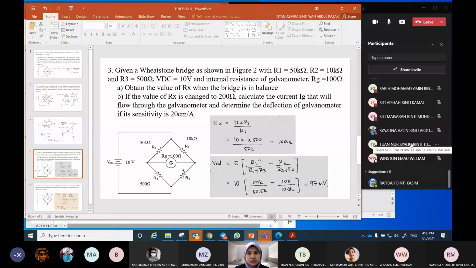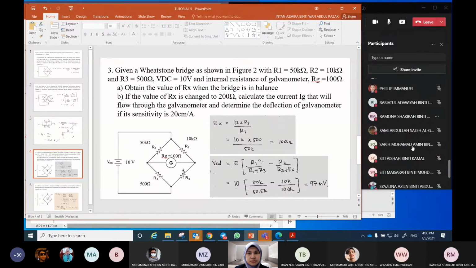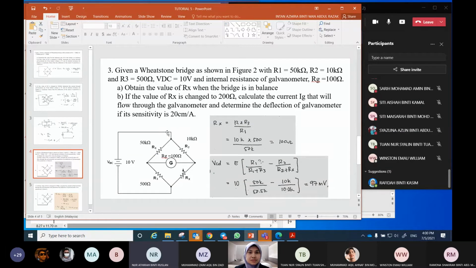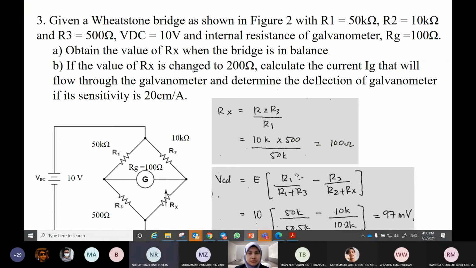Atira is present in the class, right? Yes, Doctor. Okay, so now RS is equal to 200. Is it balanced or unbalanced? Unbalanced. Okay, it's no longer balanced. Even one value change in RS, the circuit will be unbalanced.